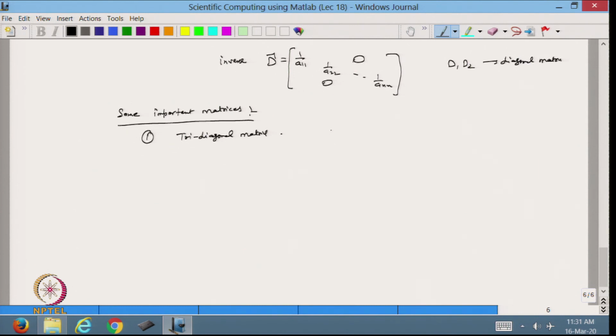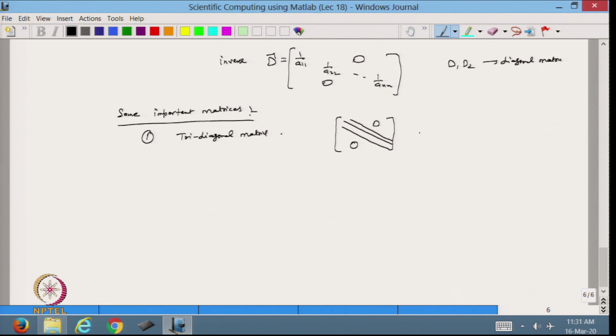A tri-diagonal matrix is a matrix in which we have non-zero elements on the main diagonal, the super-diagonal and the sub-diagonal, and all other values are 0. So, this is called the tri-diagonal matrix.